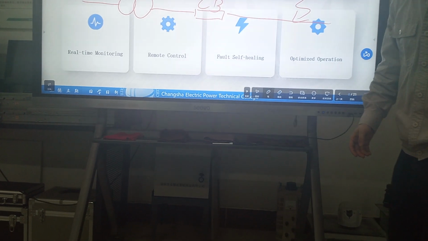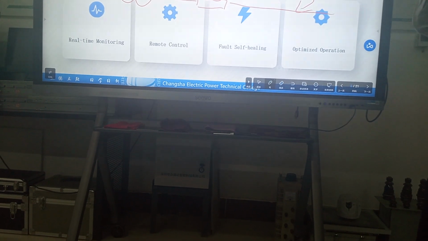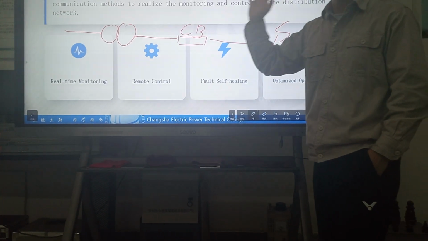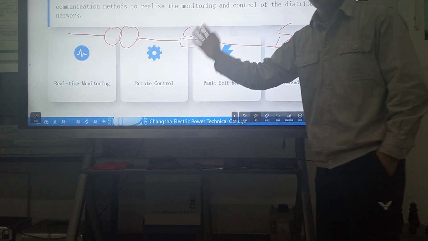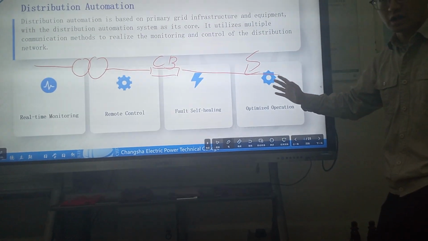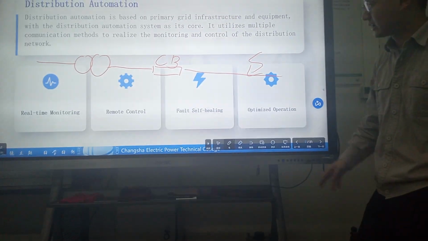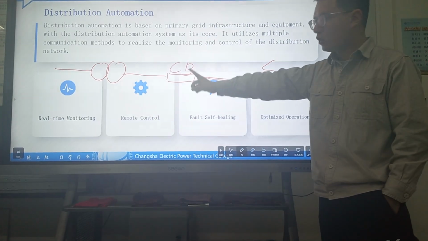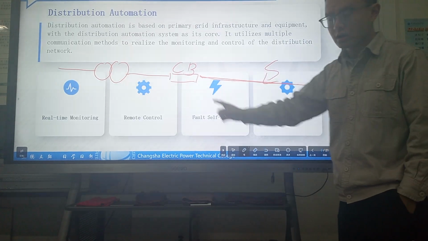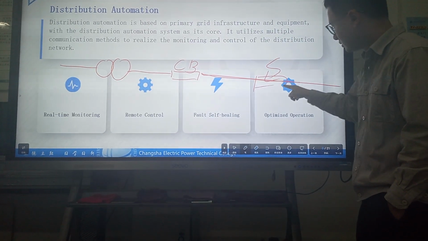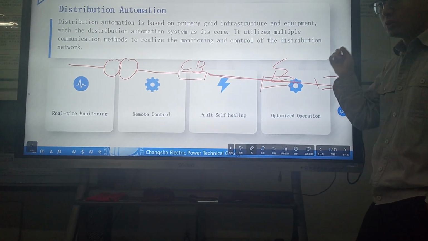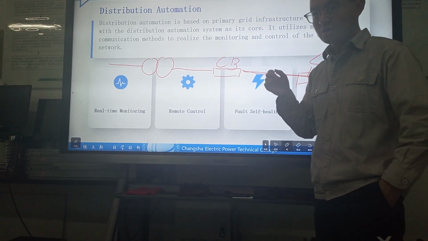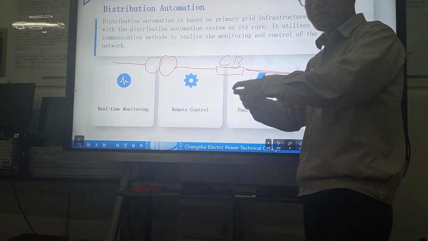But if we extend the relay protections into the distribution network, like we don't simply have one circuit breaker, we have multiple circuit breakers, we can... zoom in. We can eliminate.